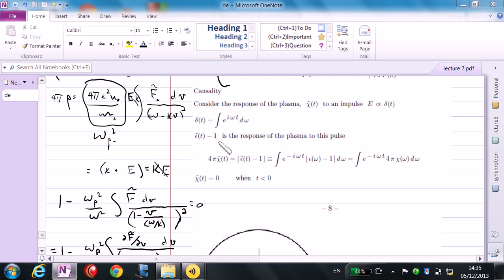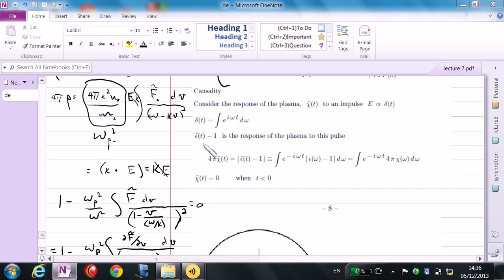And epsilon of t minus t prime is the response of the plasma to this pulse. Now notice epsilon is a function of time here. Previously epsilon was a function of omega, and that was the epsilon corresponding to a particular Fourier component of a pulse. But now we're in real time, and I even wrote it epsilon with a twiddle, so you know it's the Fourier transform of the usual epsilon.